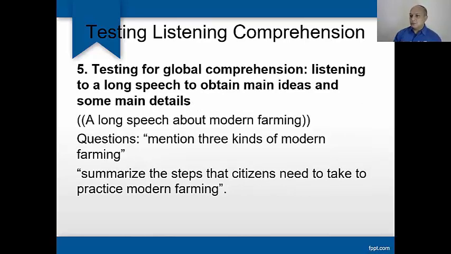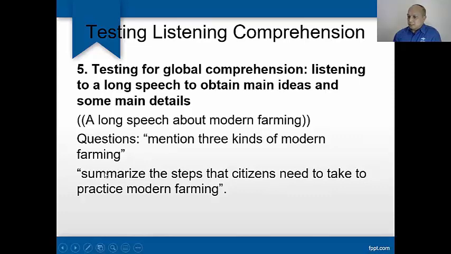This one is listening to a long speech, for example, a lecture, a 15 or 20 minutes lecture. The purpose is to obtain the main ideas and some main details. So, for example, the input is a long speech about modern farming, lasting 15 to 20 minutes. And then the question is, mention 3 kinds of modern farming. So that's the question.